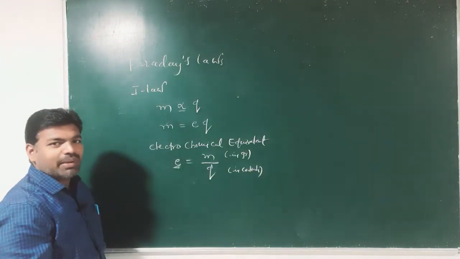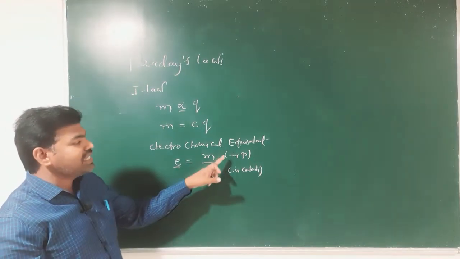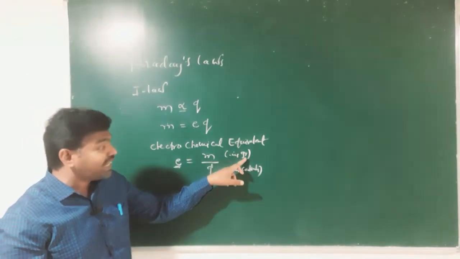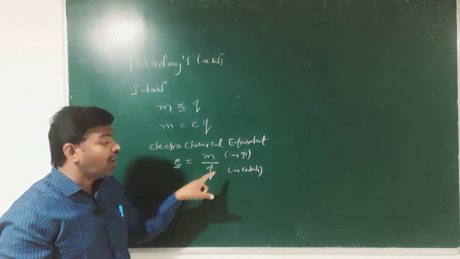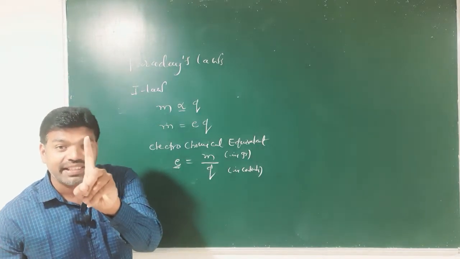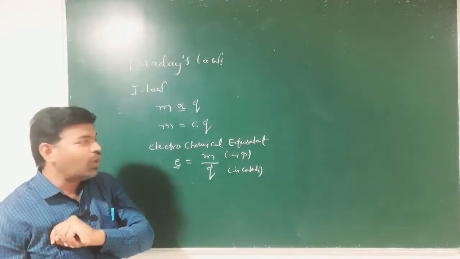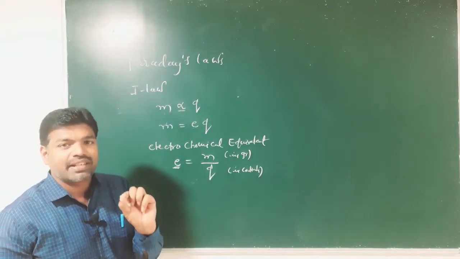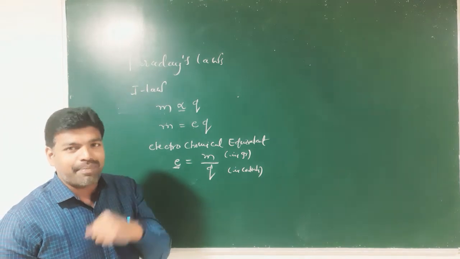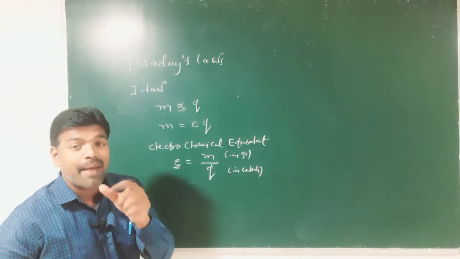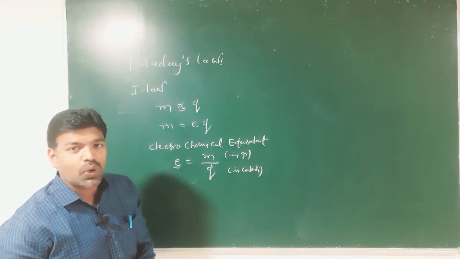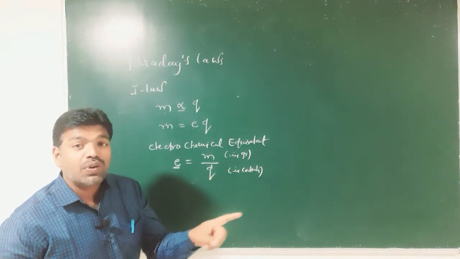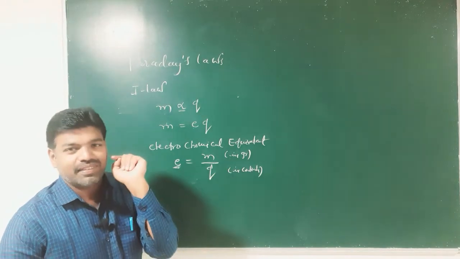The electrochemical equivalent is defined as the mass in grams of substance deposited at an electrode for the passage of 1 coulomb of electricity, right.